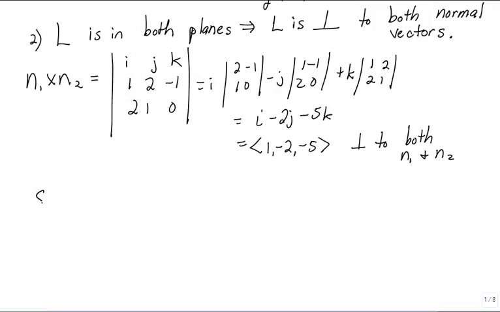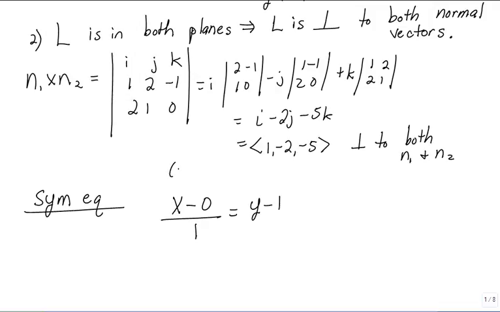And for symmetric equations, all we need is the direction vector and a point. So it's x minus 0 over 1 equals y minus 1 over the second component, equals z over the third.